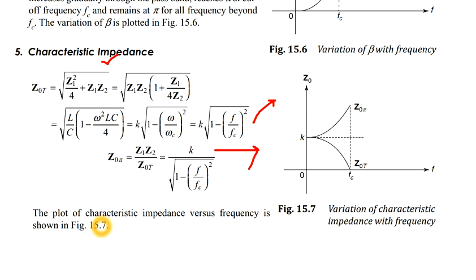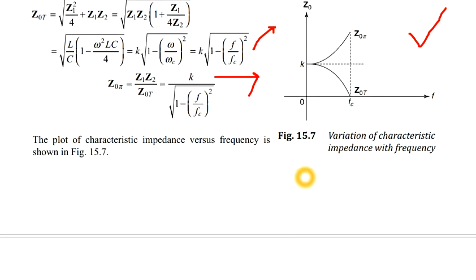Now if you plot the characteristic impedance versus frequency, you will get this plot. Remember Z0T is for T type or T shaped filter and pi is for pi shaped filter. It is equal to K at 0 value of frequency f.